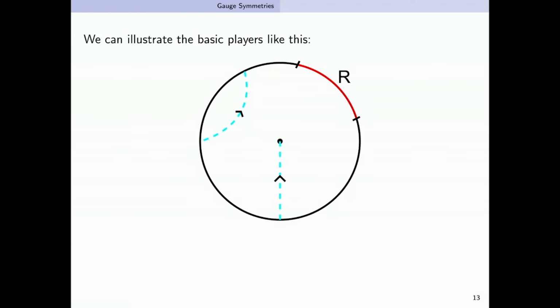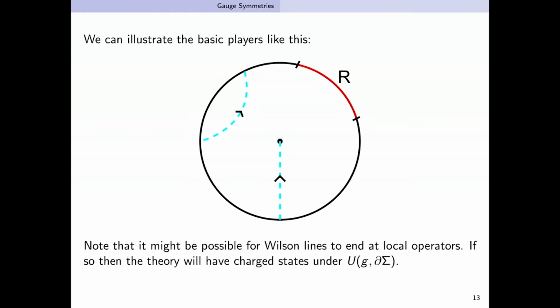Okay, so the basic players are like this. You can have Wilson lines that go from the boundary to the boundary. You can potentially have Wilson lines that go from the boundary to some charge operator. And then you have these boundary symmetry operators that live in a subset of the boundary. Sorry, I'm still thinking about your criteria. I could tensor your field theory with an invertible field theory. Would that condition change? Yeah, because if you introduce, say, a Z2 gauge, oh, that's not invertible actually.